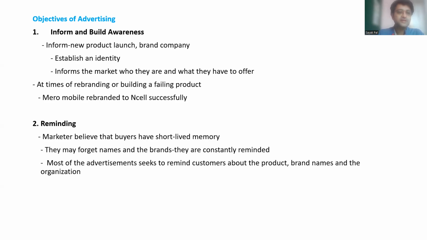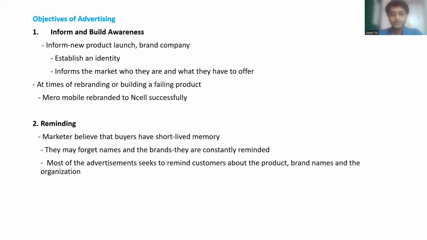Then the next point is that it informs the market who they are and what they have to offer. Advertisement often talks about the traits of the product or the service, or for example, the usage of the product. Many times, if a new variety of product comes in and people are not aware of how they are going to use it, it becomes very difficult for people to consume it.